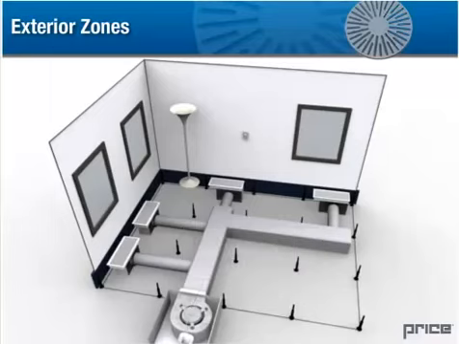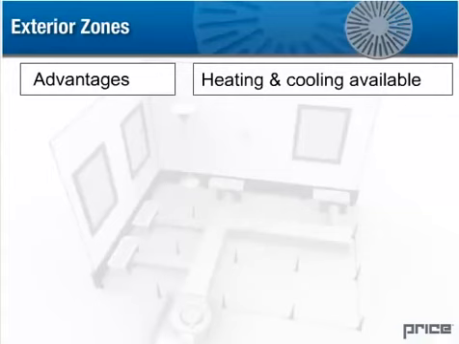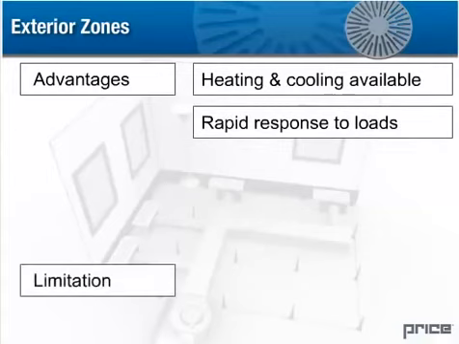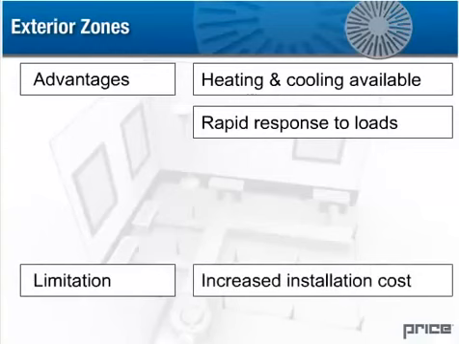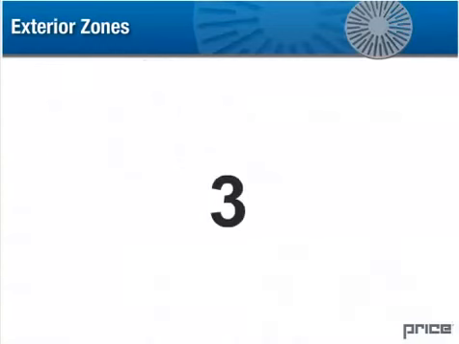The VAV fan-powered terminal unit allows for a rapid response to any demand from the control zone. It's also possible to heat in this configuration. An advantage with this option is that you can do both heating and cooling, and there's a rapid response to fluctuations in loads. However, since it is ducted, there is an increased installation cost, and it's more difficult to reconfigure.